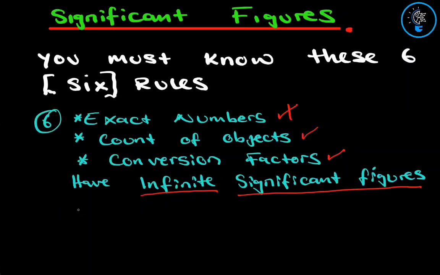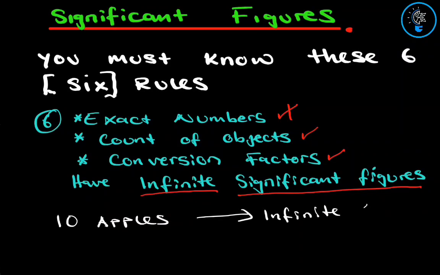Let's get rid of these and look at count of objects. For instance, let's say we are told that we have 10 apples. On 10 apples, we can say this one has infinity significant figures, because apples are objects that can't be divided.